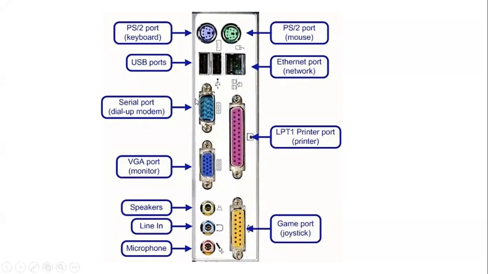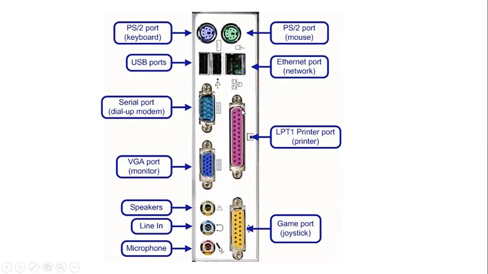Then the opposite of serial is parallel. This pink color one is the parallel port. You can see only small circles here. The pink color is allocated for printers. Therefore, at that time, this particular port was also known as the printer port. That's why the name given here is LPT1 printer port.